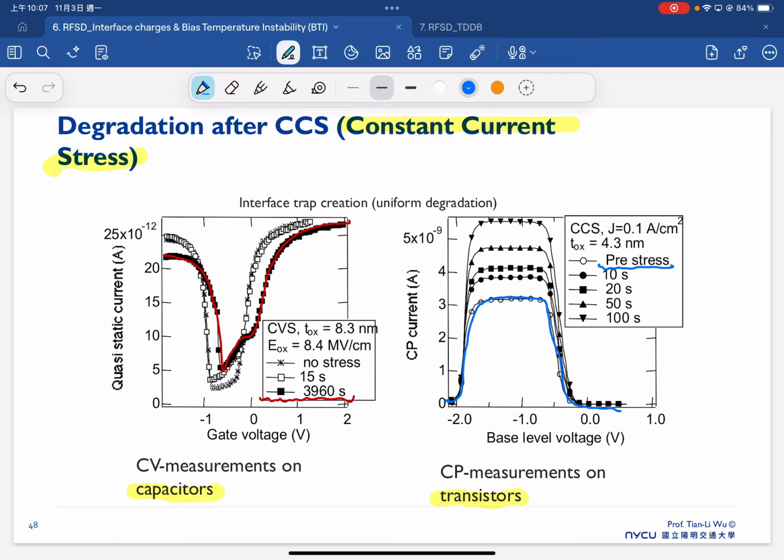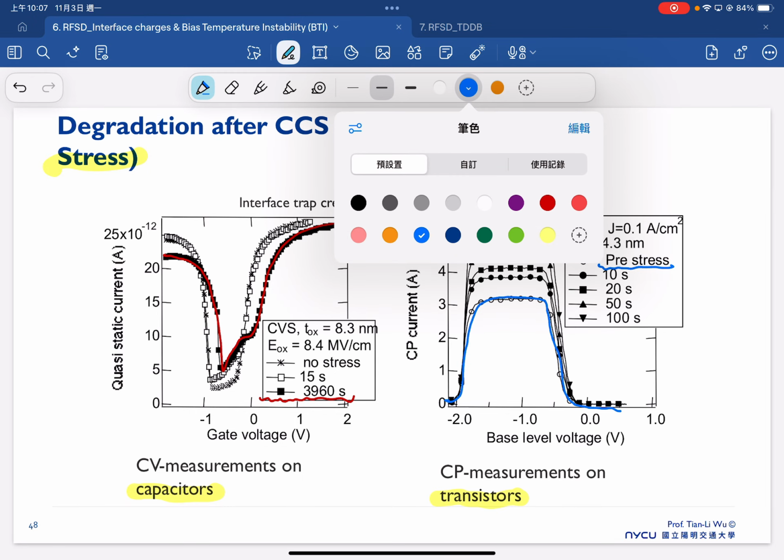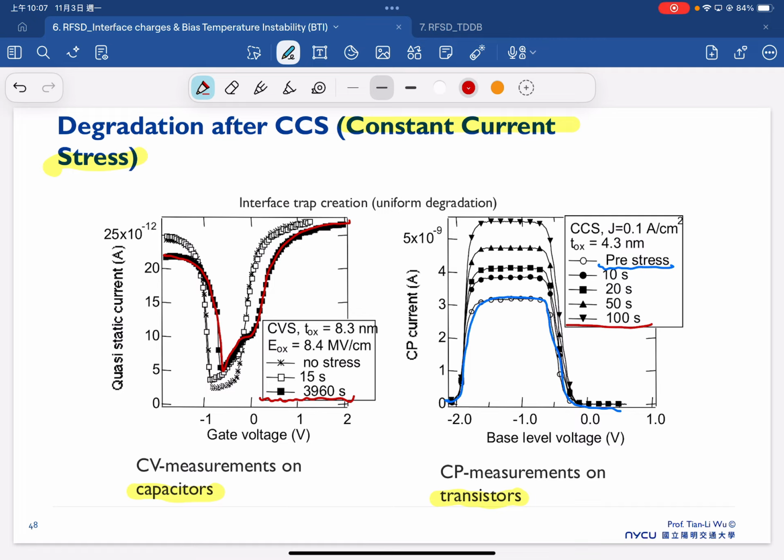But after 100 seconds of stress, we can see the charge pumping current has increased, and an increase in charge pumping current always suggests that the interface state trapping density has increased. So we can use this way to characterize our interface defects.